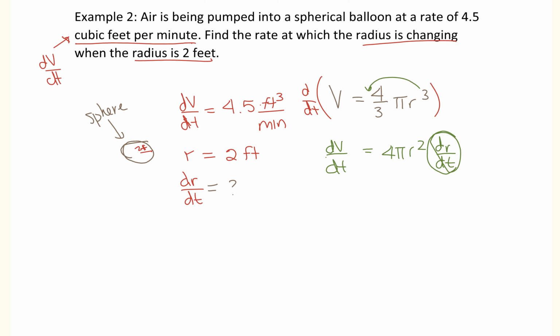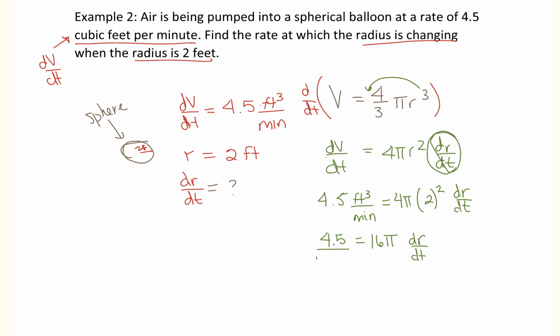So I have 4.5 feet cubed per minute equals 4 pi times the radius, 2, squared, times dr/dt. So I have 4.5 equals 16 pi dr/dt.